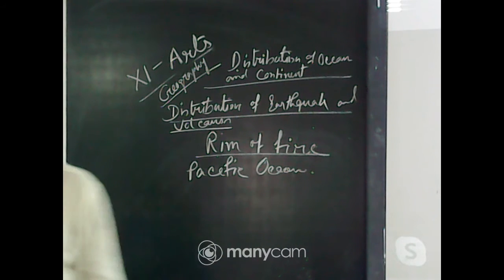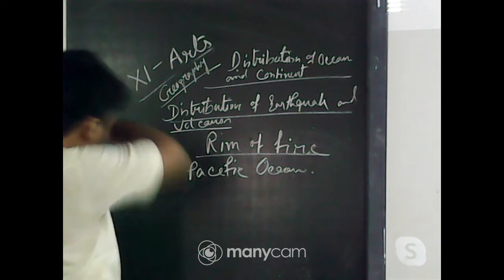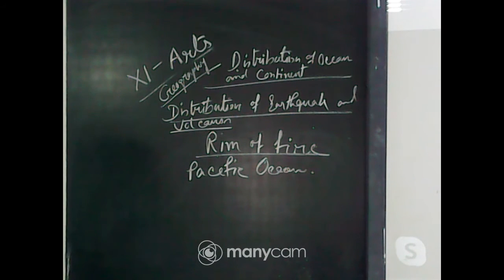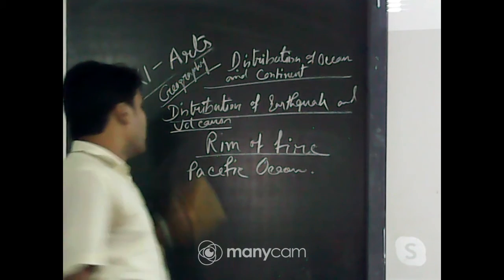Under the ocean, they are having some area in the mid-oceanic ridge. What is the mid-oceanic ridge? Last day I discussed, when I discussed the ocean floor configuration, you have seen that the mid-oceanic ridge is a place in the center part of the ocean, and it is the margin of two sides, and from the mid-oceanic ridge both sides have a similar or equal type of rock structure.